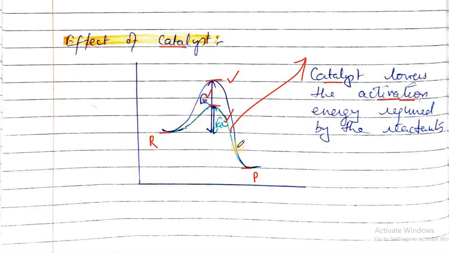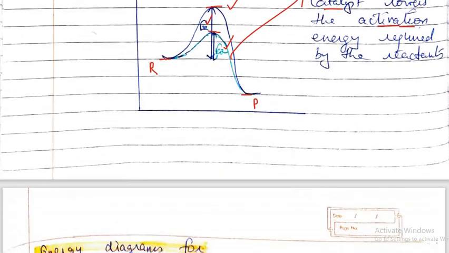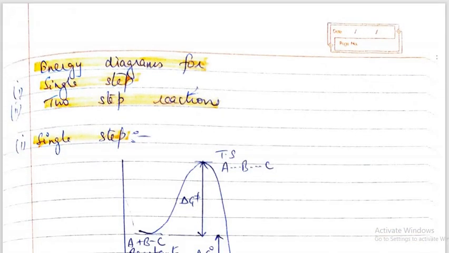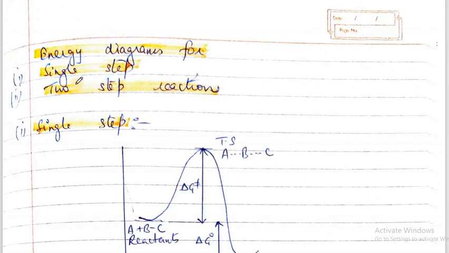So this energy profile diagram shows how a catalyst lowers this curve and decreases the activation energy, and products are formed easily. So next is energy diagrams for single step and two step processes. For a single step process, we have already seen.